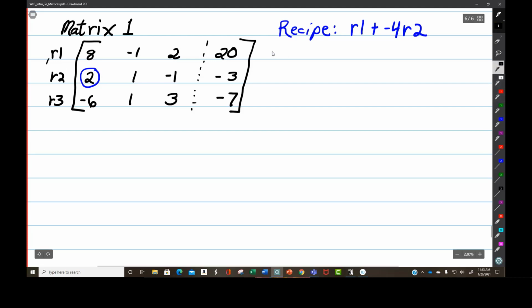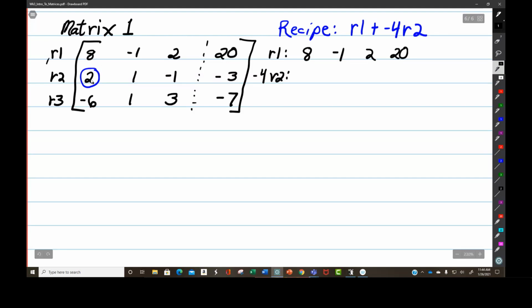So, row 1 is 8, -1, 2, and 20. And row 2, I'm going to multiply by -4.